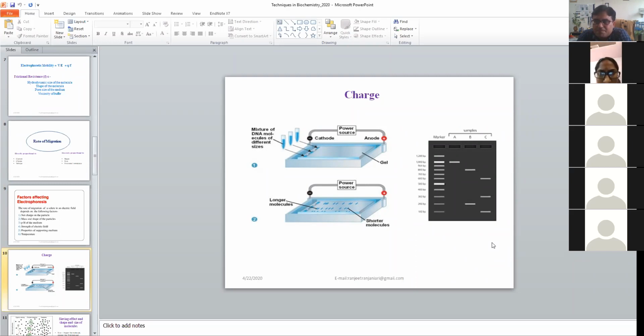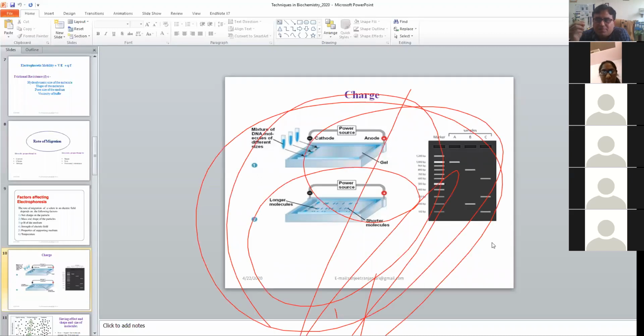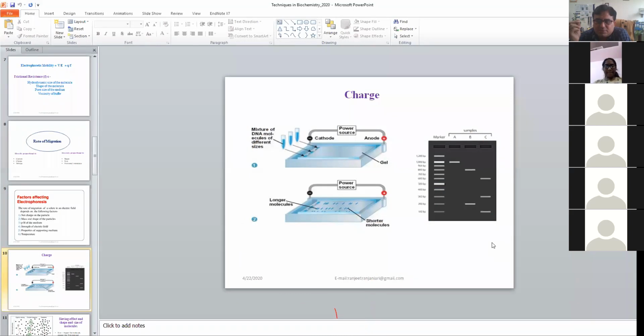500 base pair. This is just to tell you that if you see here, two terms have been written.